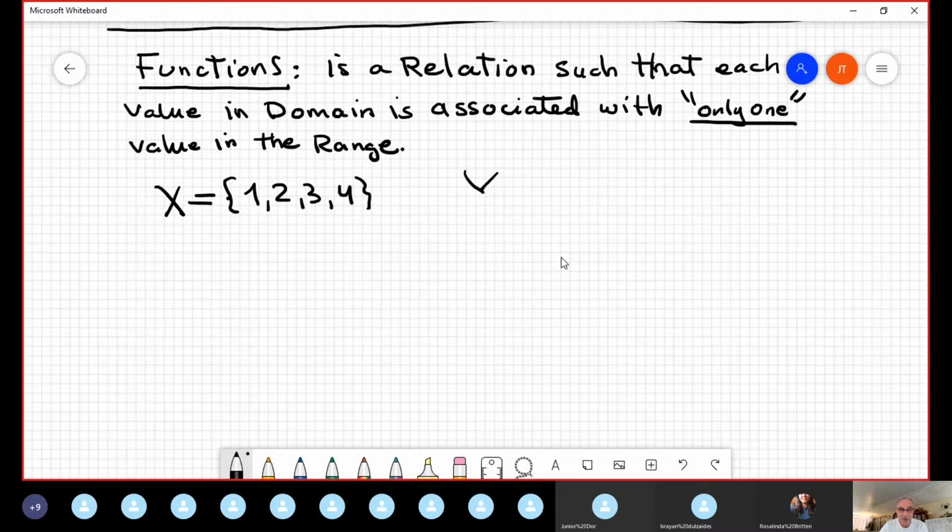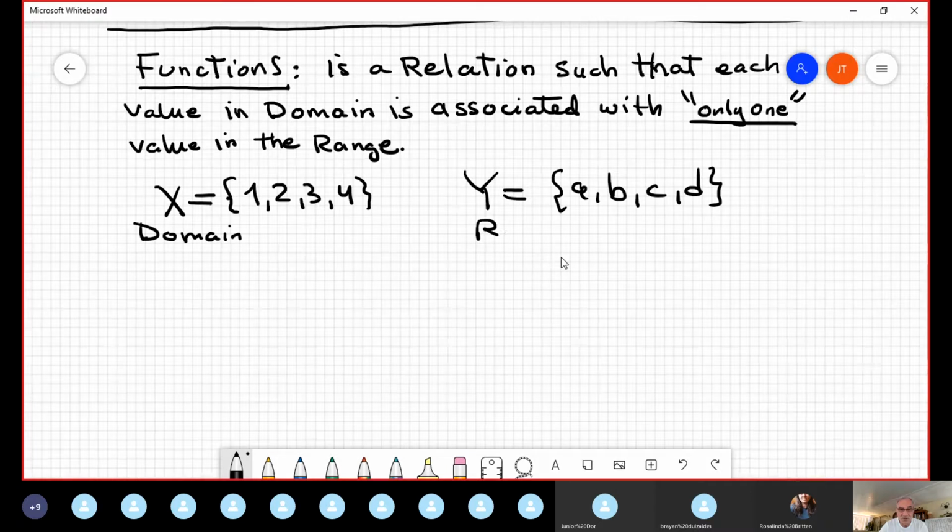I have another set called capital Y, which is not numbers, it's letters. Remember, in general it's objects: A, B, C, D. This is the domain, and this is the range. I want to write different relations, and you help me understand if the relation is a function or not.